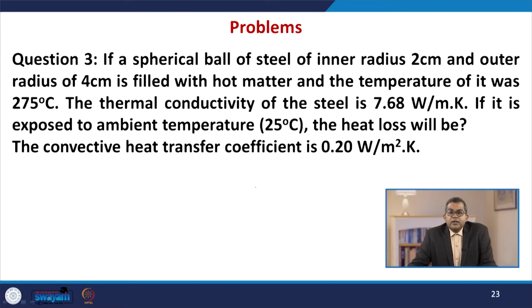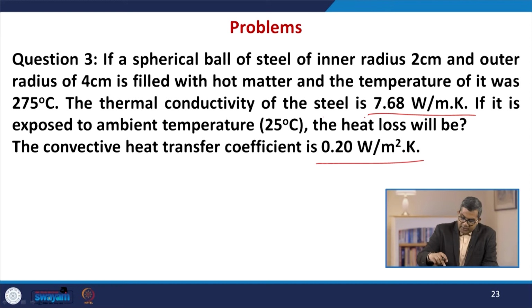The thermal conductivity of the steel is 7.68 watt per meter Kelvin. Now if it is exposed to ambient temperature 25 degrees Celsius, the heat loss would be calculated, and the convective heat transfer coefficient is given as 0.20 watt per meter square Kelvin. So let us take this problem.